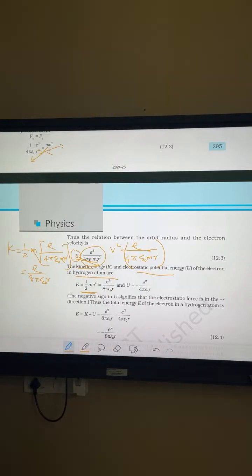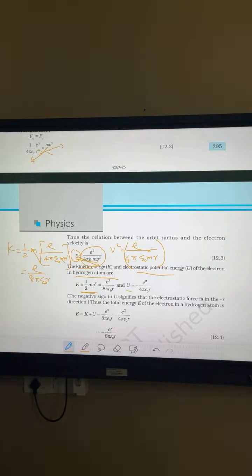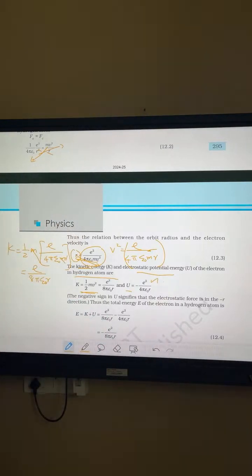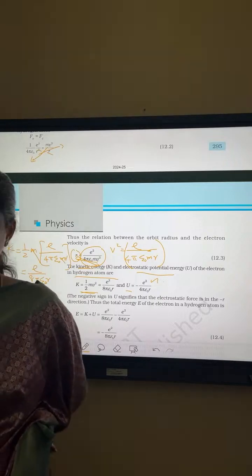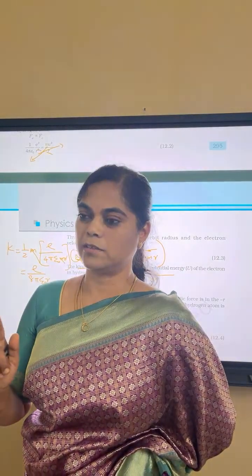Clear? What is the potential energy? How does this relation come? You have studied it in the first lesson.